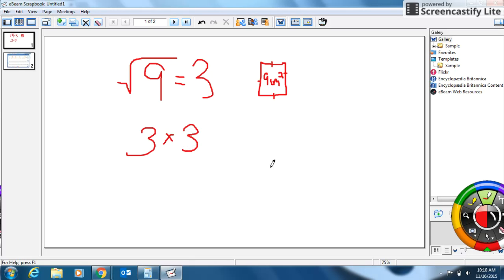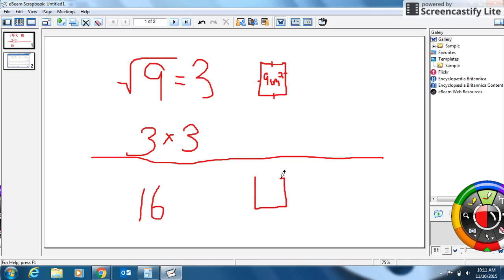Same thing I could say about 16. Let's say you had a square, and the area of the square was 16 centimeters squared. You draw your square over here. Oh, I thought I had a better one. Okay, let's see this square right here. And it has an area of 16 centimeters squared.